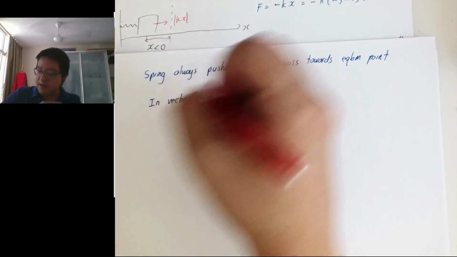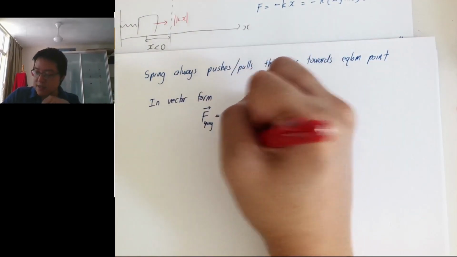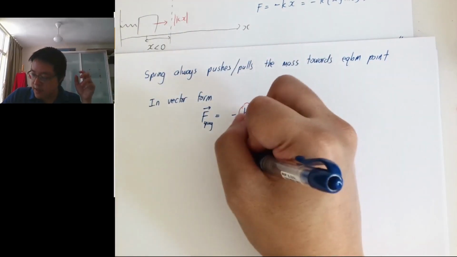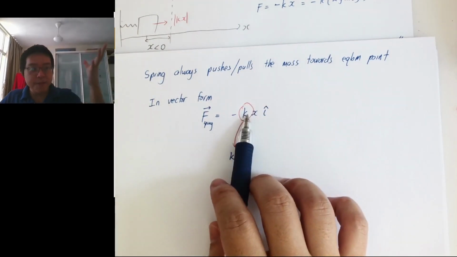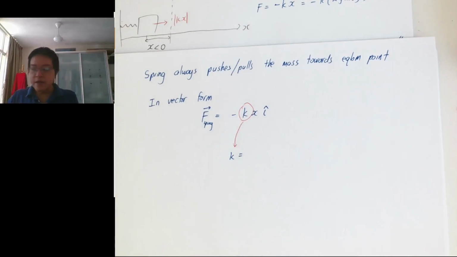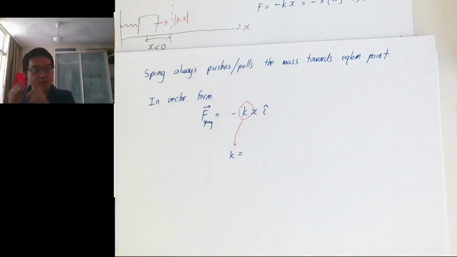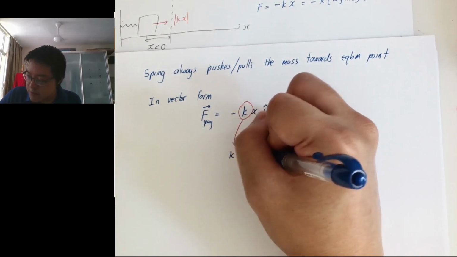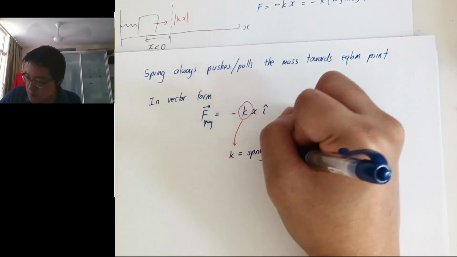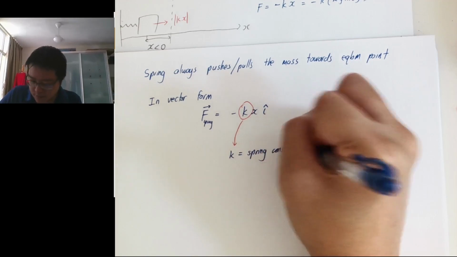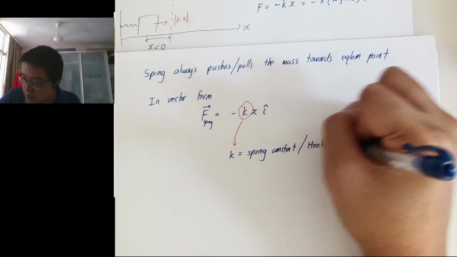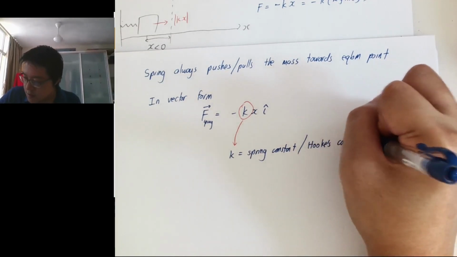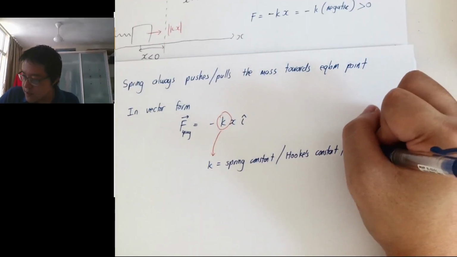And this thing here is a constant. This k is a constant that depends on the spring. If k is a high number, it is a very powerful spring. If k is a low number, it's a soft spring, and the force is very small. So this k is what we call the spring constant, or to use Hooke's name, the Hooke's constant, or sometimes the elastic constant.